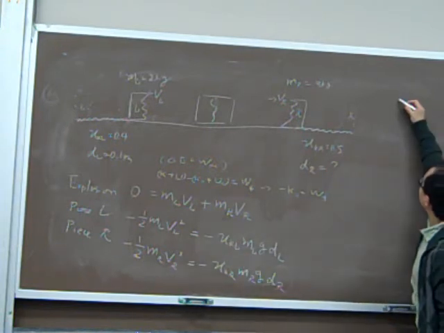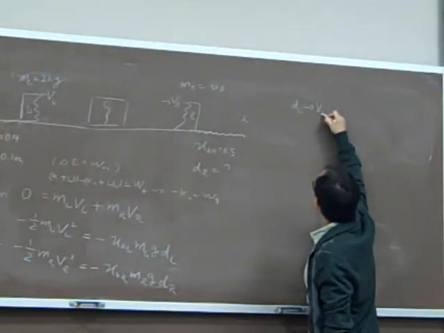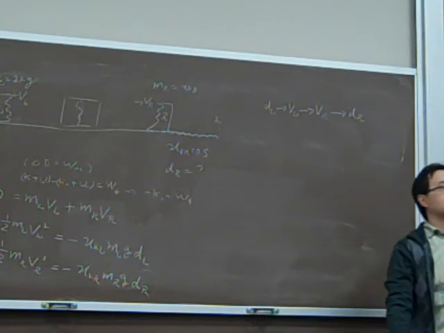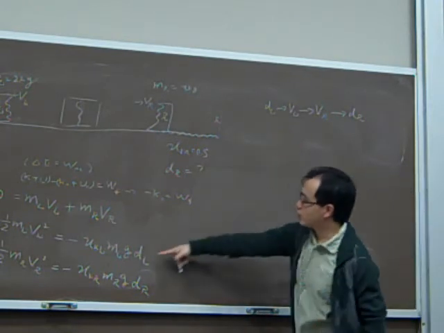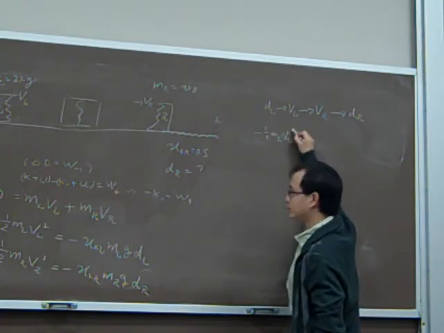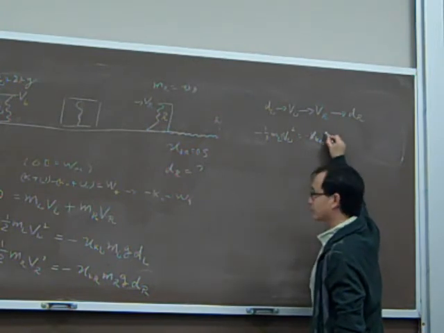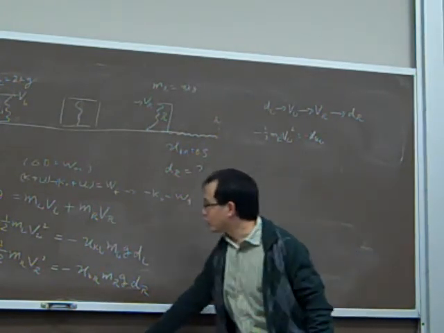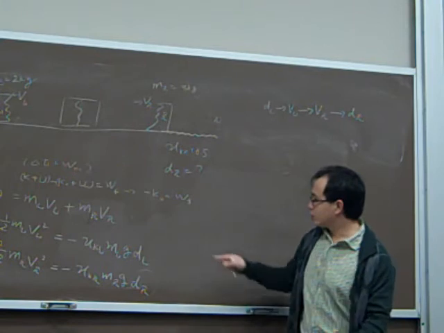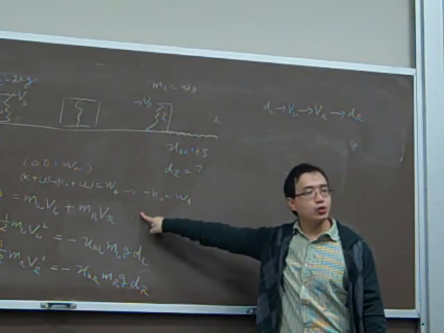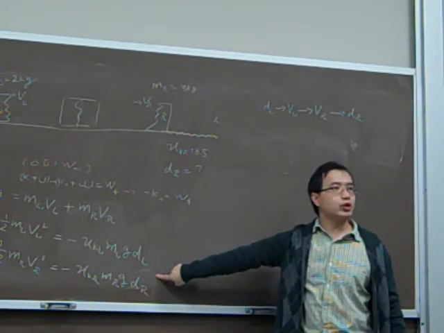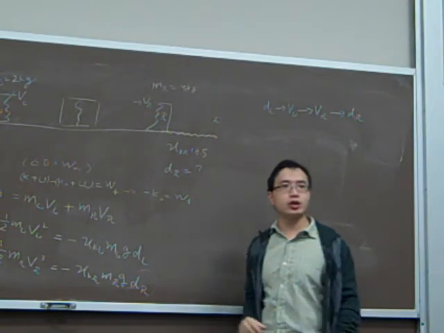Basically the idea is that you know dl, you calculate VL, then you calculate VR, and then you calculate dr. You first use this equation to find VL, then use this equation to find VR, and then go to this equation to find DR. So that's a general process.